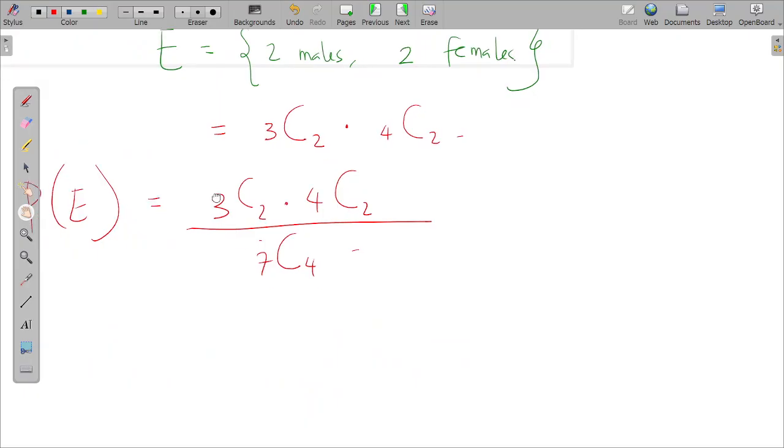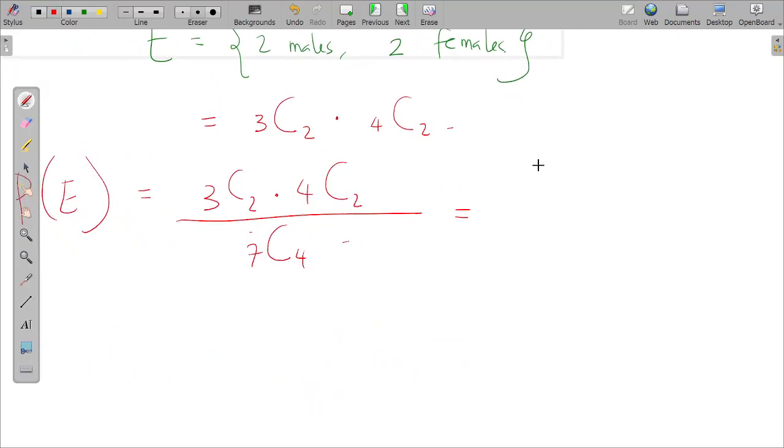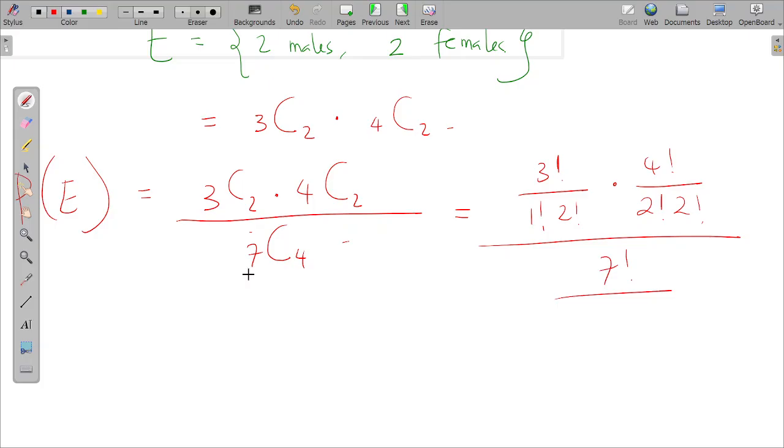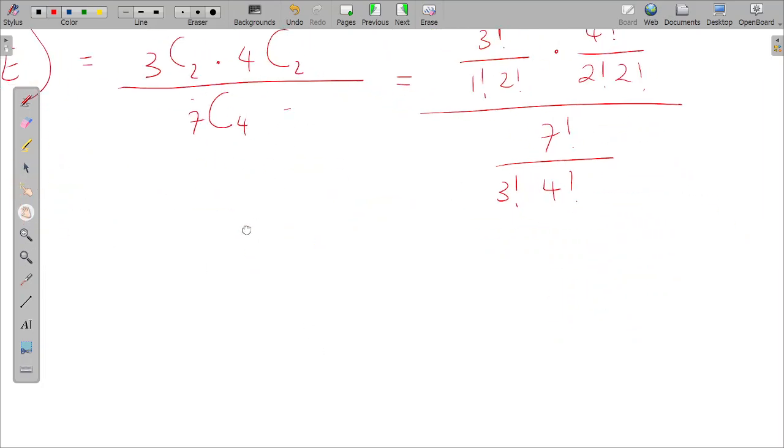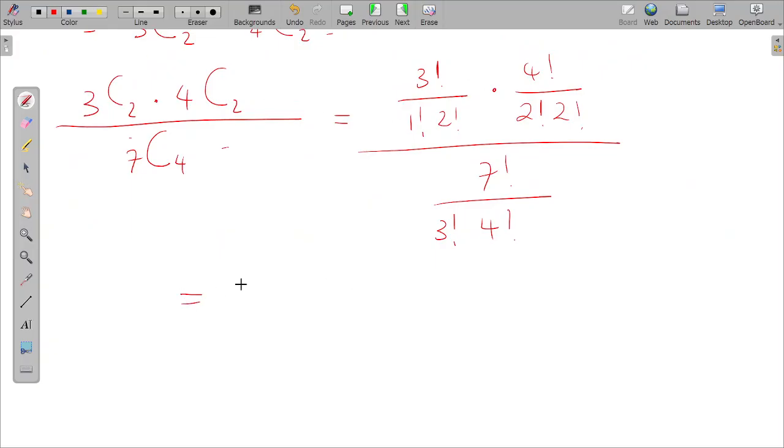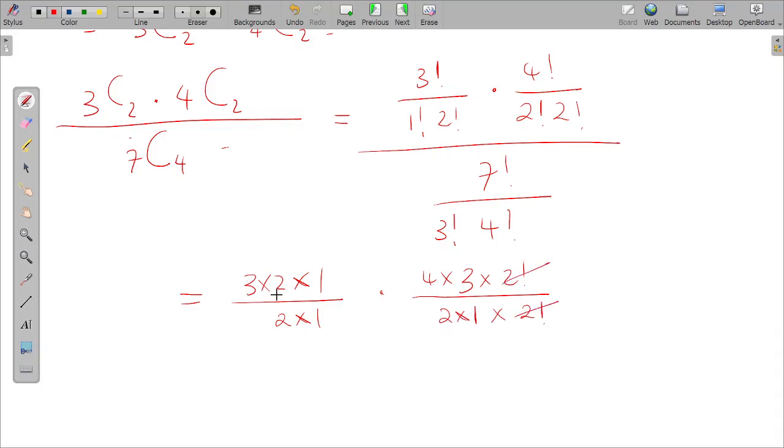If we simplify, this is 3 factorial over (3 minus 2) factorial times 2 factorial, multiplied by 4 factorial over (4 minus 2) factorial times 2 factorial, over 7 factorial over (7 minus 4) factorial times 4 factorial. This simplifies to 3 times 2 times 1, multiplied by 4 times 3 times 2 factorial over 2 times 1 times 2 factorial, over 7 times 6 times 5 times 4 factorial.